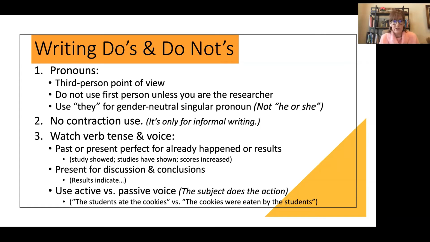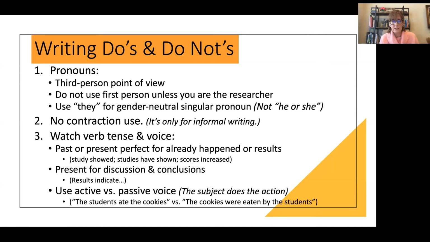My examples are the students ate the cookies versus the cookies were eaten by the students. If you're using a passive voice, it can really interfere with the clarity of your writing. The word economy, the conciseness, the clarity will decrease.